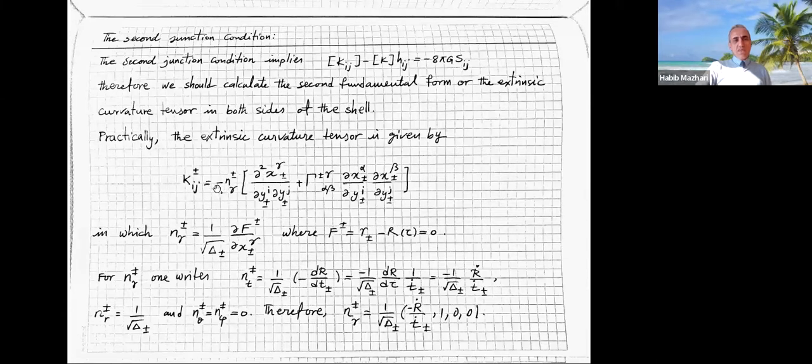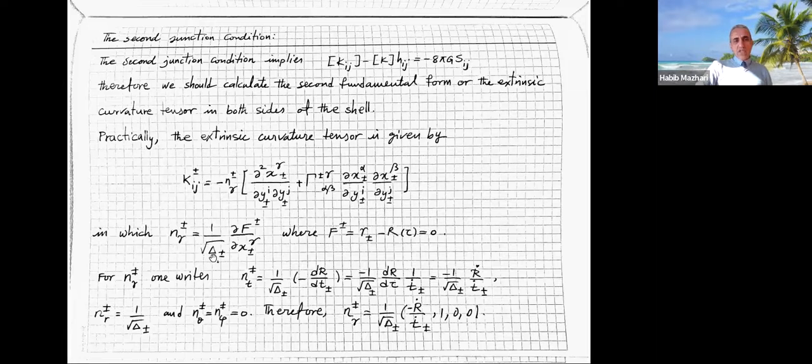Kij plus or minus is equal to minus n gamma times the second derivative of the canonical coordinate with respect to the local, or Gaussian, coordinate, plus the corresponding Christoffel symbol times the first derivatives. As I said, these come from the covariant derivative of n.